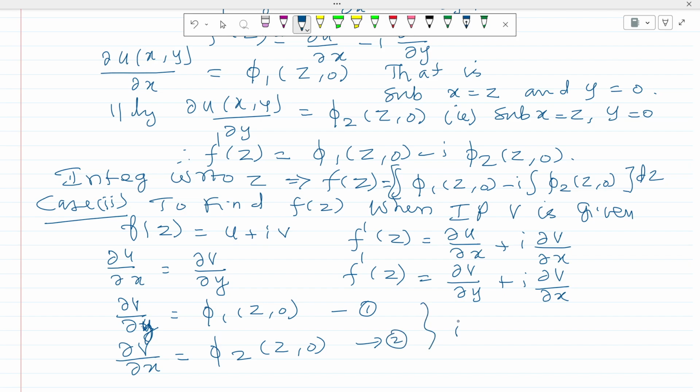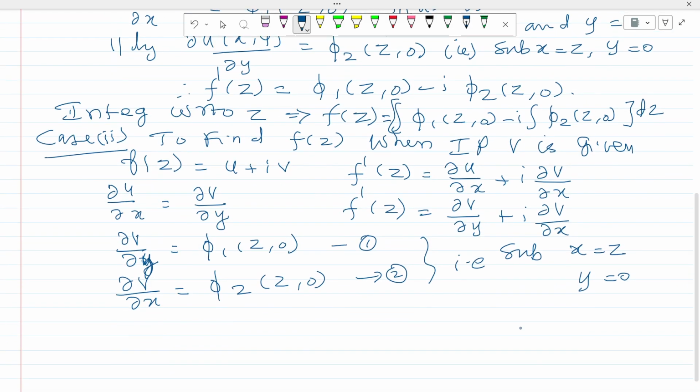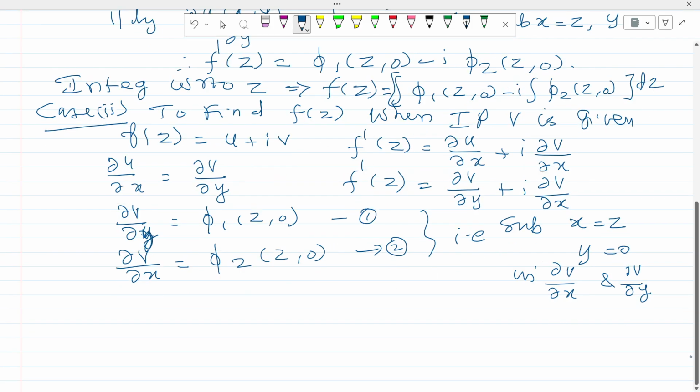That means substituting x equal to z, y equal to 0 in ∂v/∂x and ∂v/∂y. Listen, the procedure is the same.